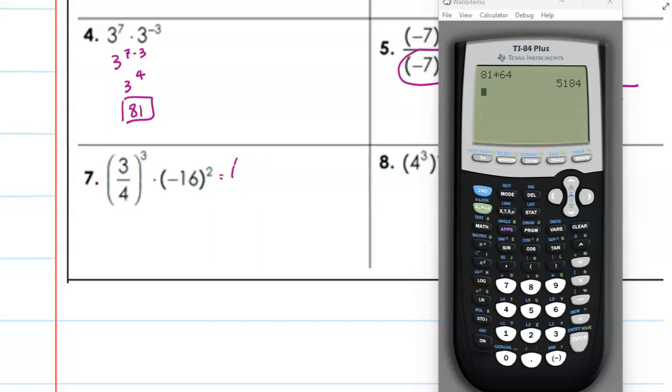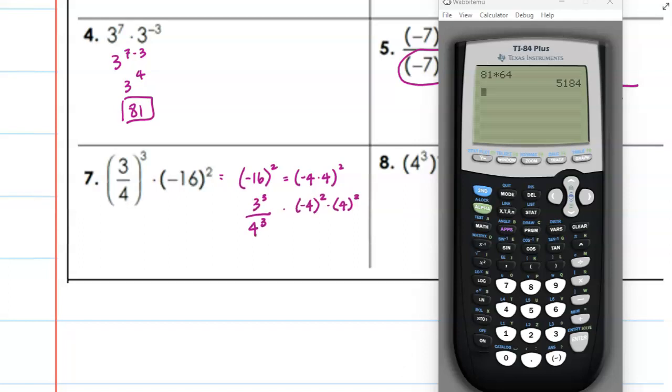What I was thinking was taking that negative 16 raised to the second and changing the base to possibly negative 4 times 4 raised to the second power and applying the 2 to both of the bases. I could totally do that. Negative 4 raised to the second power, 4 raised to the second power, and then somehow simplify that against 3 to the third and 4 to the third. Let's go ahead and try it that way and see what happens.